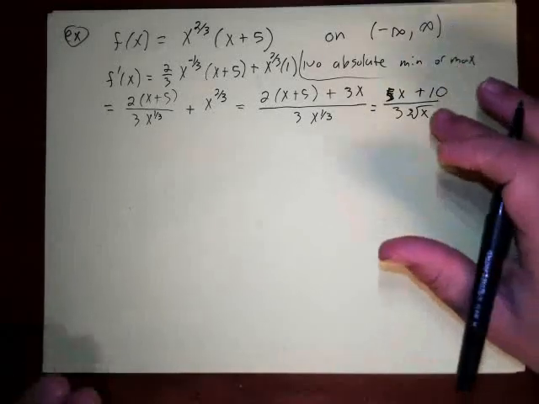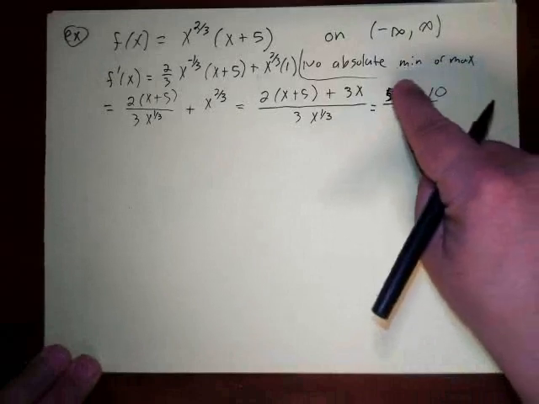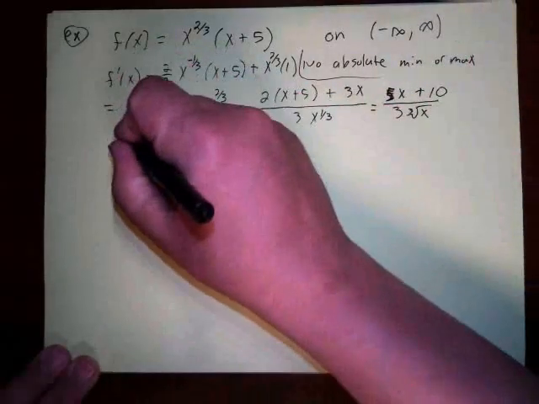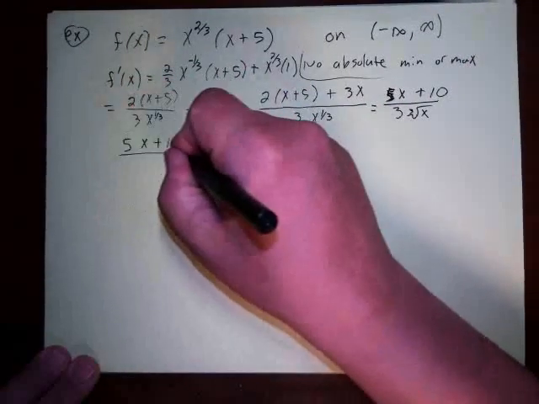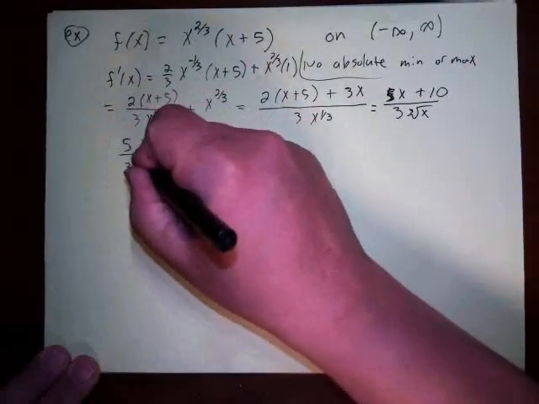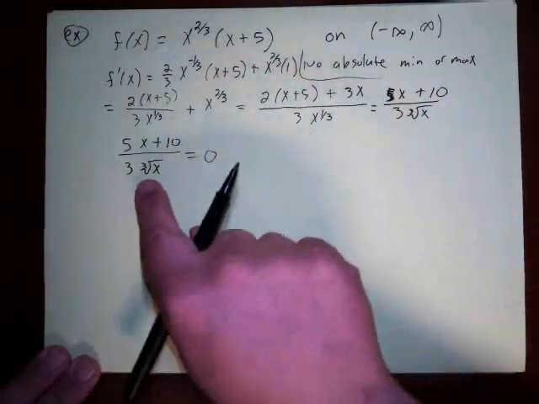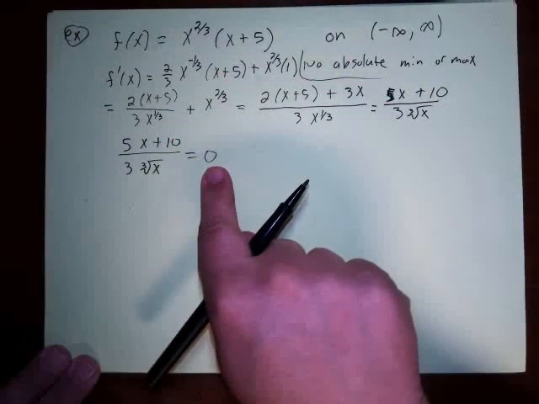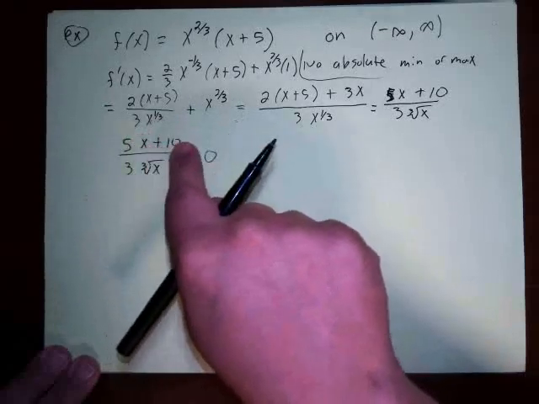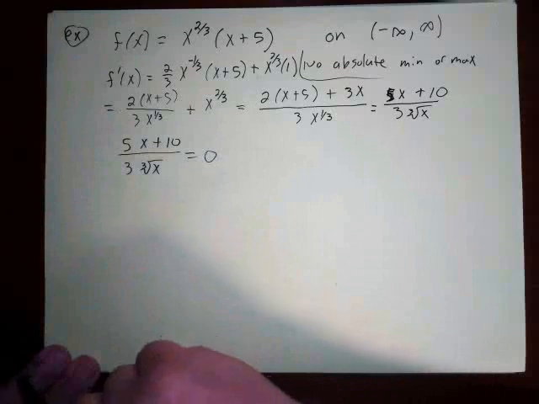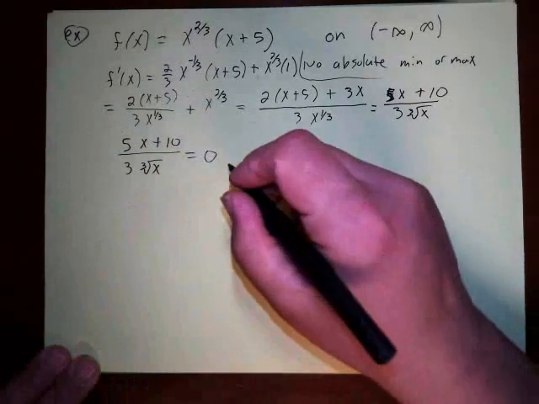Now what we want to do is find the critical points of the function. Let me set this up as an equation. It would look like this is equal to 0. If you have a fraction set equal to 0, it will be equal to 0 whenever the numerator is equal to 0, as long as that value doesn't make the denominator equal to 0.